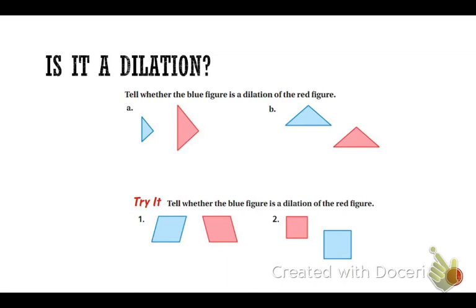All right, you have a section just like you have on all of your other assignments where you're looking at 2 figures. You do not need to draw these. I basically just copied them right out of your book. All you're looking for is, does the figure change size but not shape? It can still rotate or flip or turn.